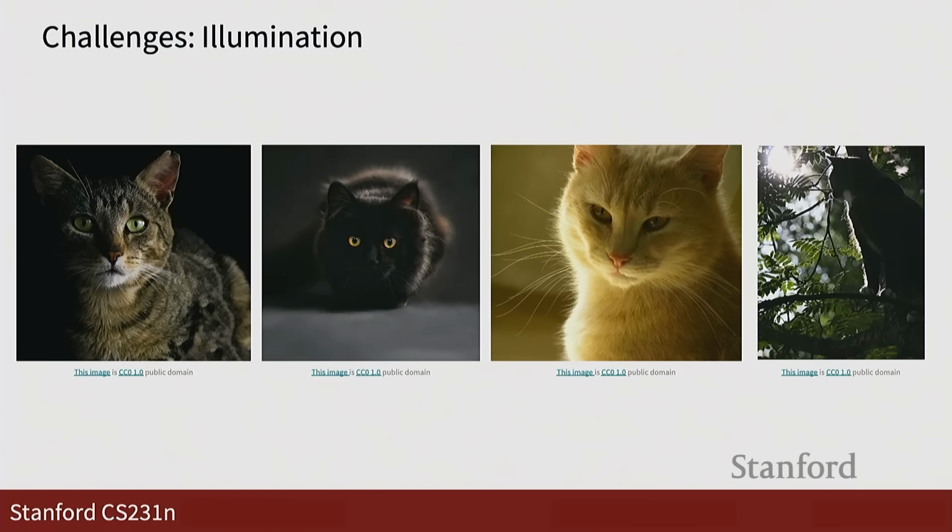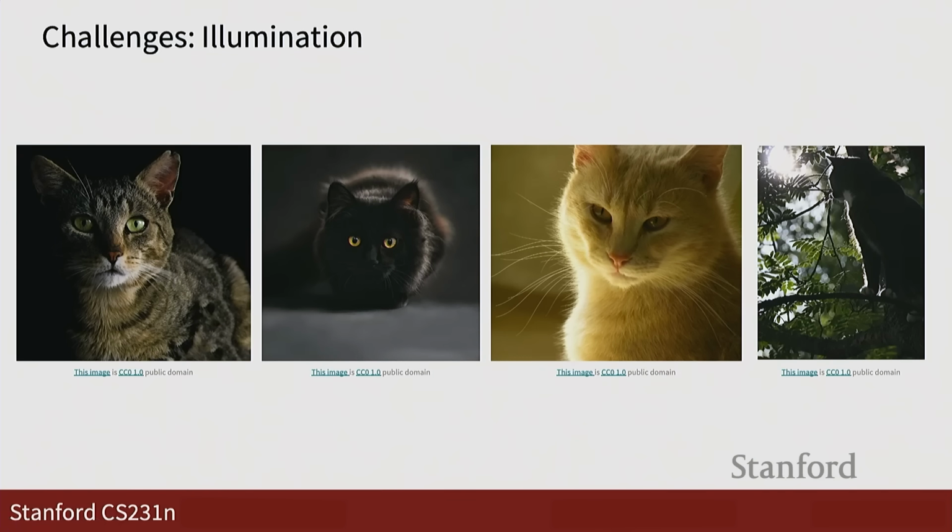For example, illumination is another challenge. If you've taken courses in graphics or other vision courses or digital image processing courses for engineering applications, you know that the RGB values of each pixel are a function of the surface material, color, and the light source.